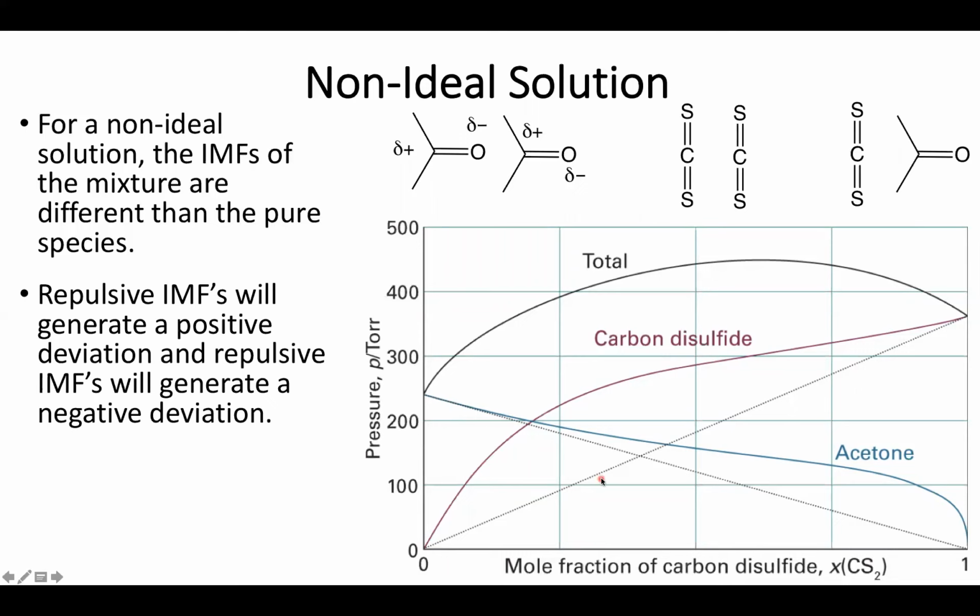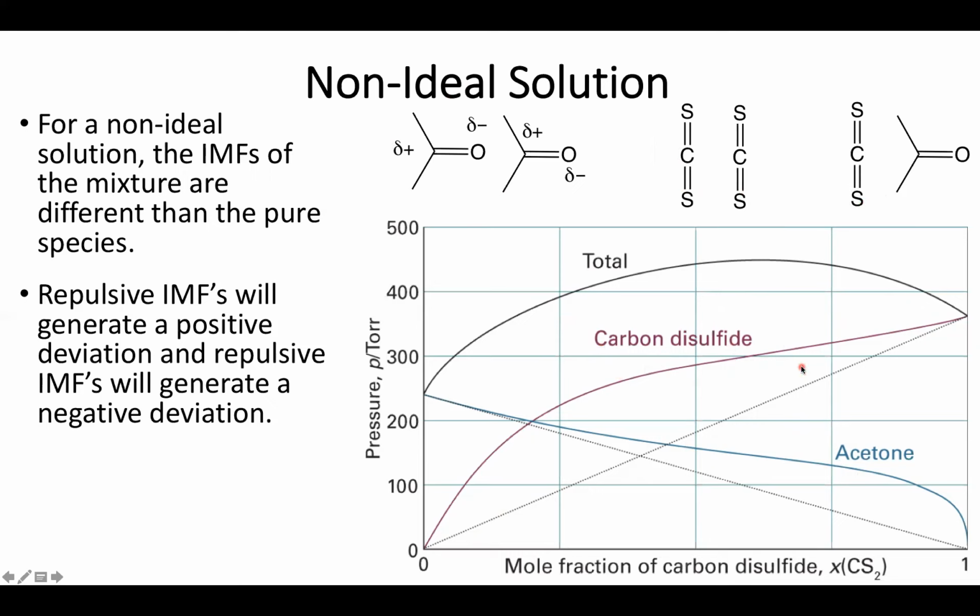And again, this becomes really troublesome because the nature of the differences in IMFs will cause a great deal of variety in how these systems interact. So for example, if we have a system like carbon disulfide and acetone, where the IMFs are essentially net repulsive, essentially we lack the same attractive capacity as in the pure states, then we're going to generate this positive deviation.